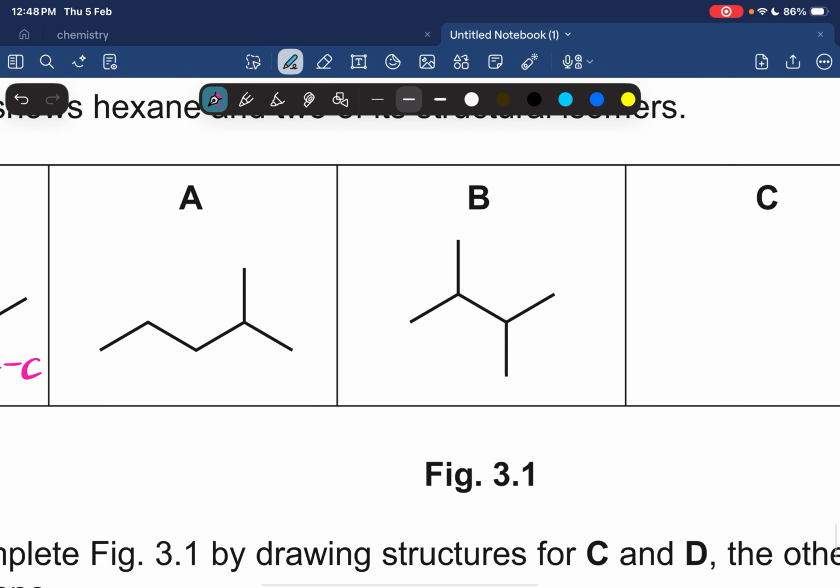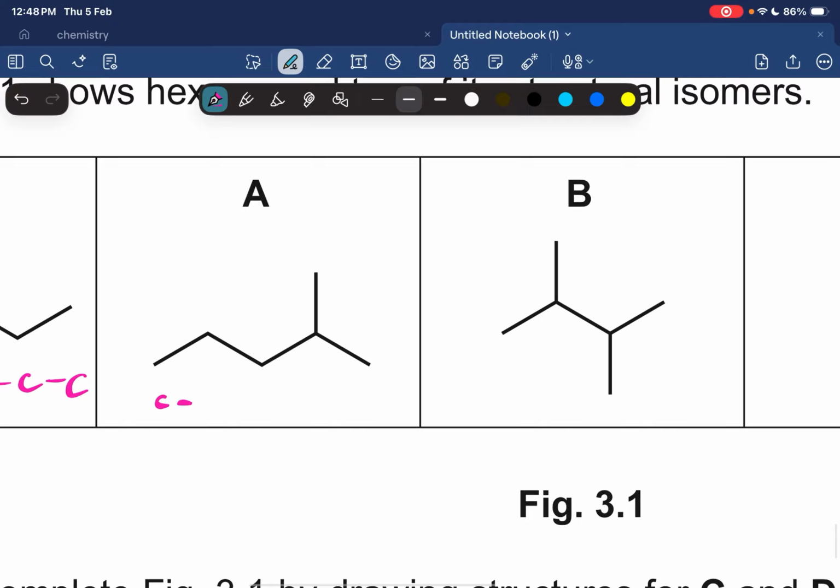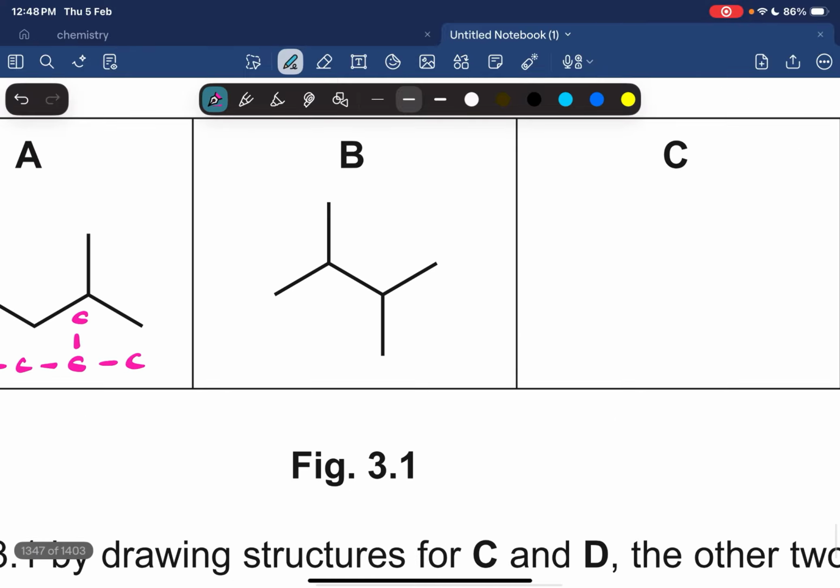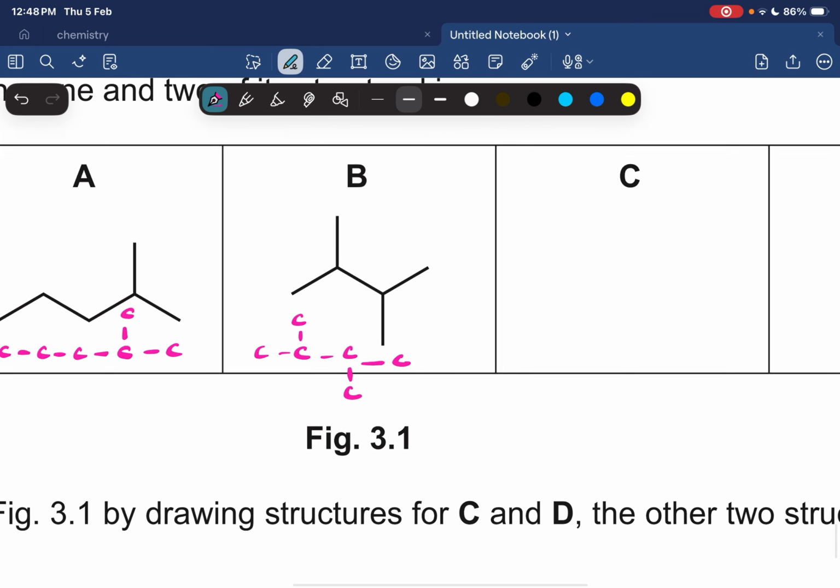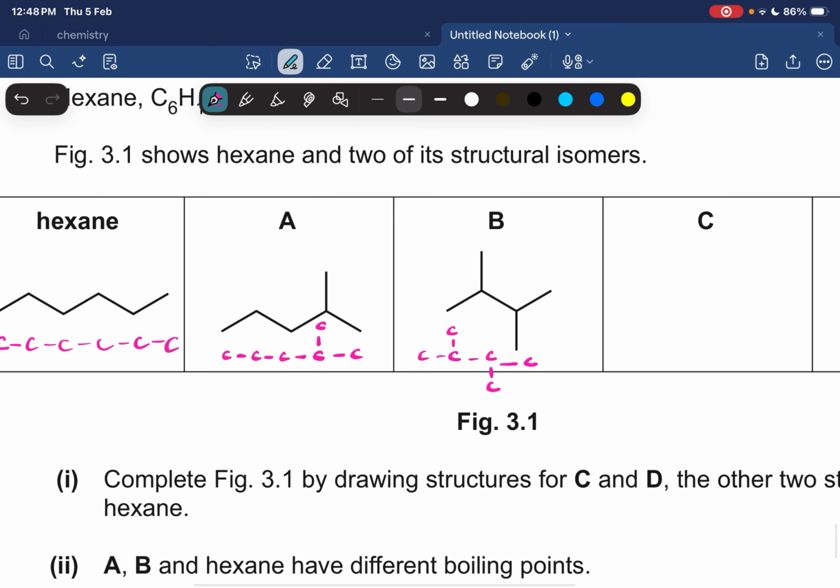And then over here in A, he's given me 1, 2, 3, 4, then a carbon here, and then a carbon here. Over here he's given me 1, 2, carbon here, here, here, and then here, right? It's something like this, and I have to draw C. So I gotta look, what can I do?